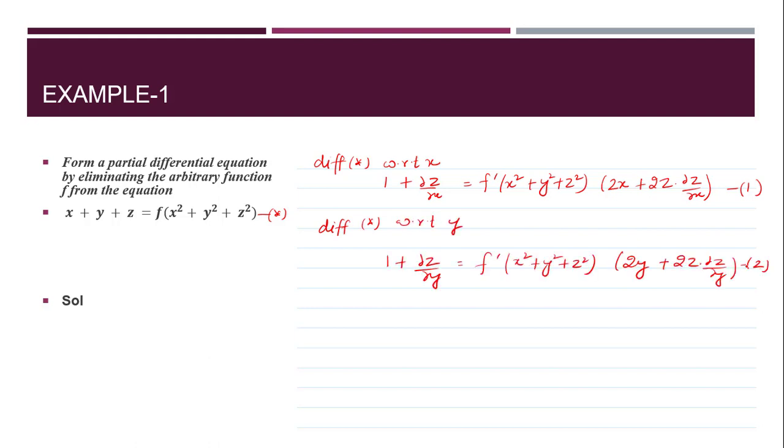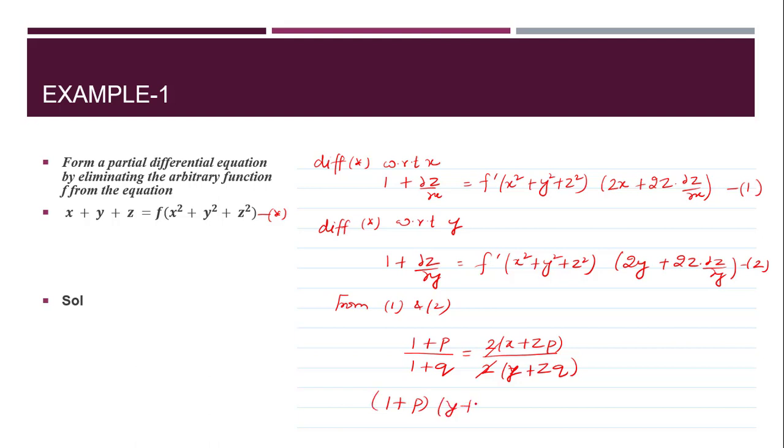Now again the same thing from first and second. If I simplify, let me write in the short form 1 plus p. Let me divide the two sides so that this function will cancel out. So 1 plus p by 1 plus q will lead to, I can take 2 common, and it will give me 2x plus zp divided by 2y plus zq, and if I rewrite it, it will give me 1 plus p into y plus zq is equal to x plus zp into 1 plus q.